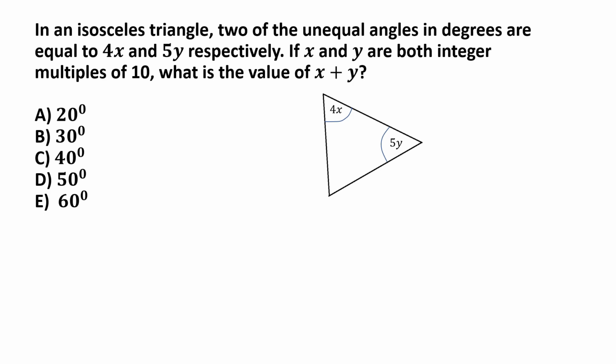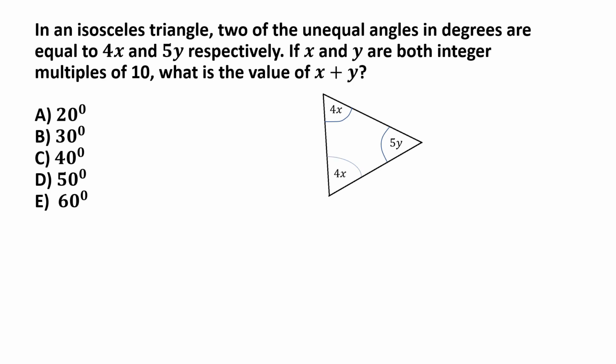However, we are not given which one of these, 4x and 5y, would be equal to the third angle. So we simply start with an assumption that the third angle is equal to 4x.